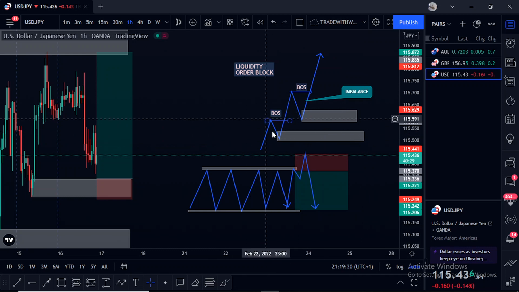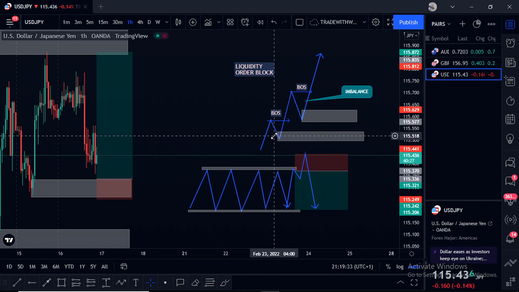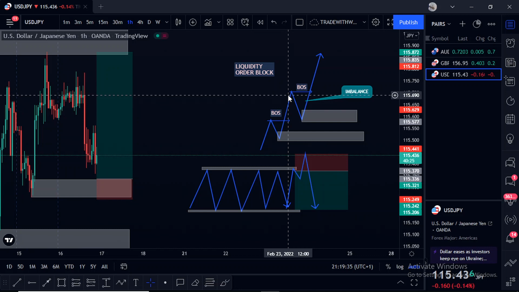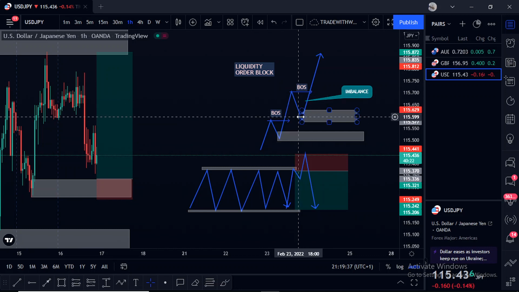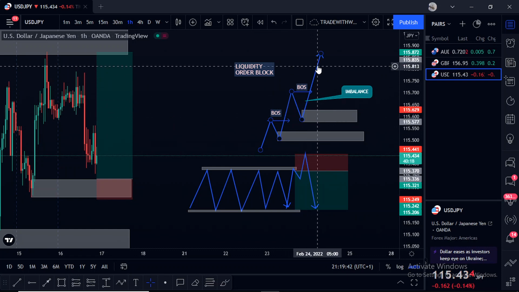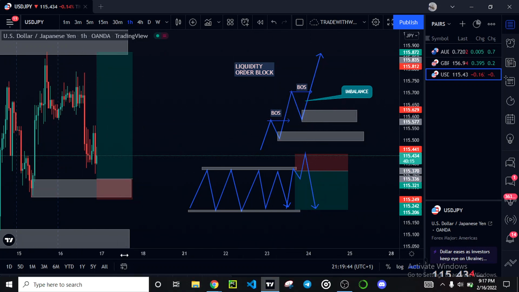So the order block candle is the last down candle, or the last red candle, before the break of structure or before the imbalance. Same thing here also. It was the last red candle, or the last down candle, before the break of structure. Same thing for a downtrend also.